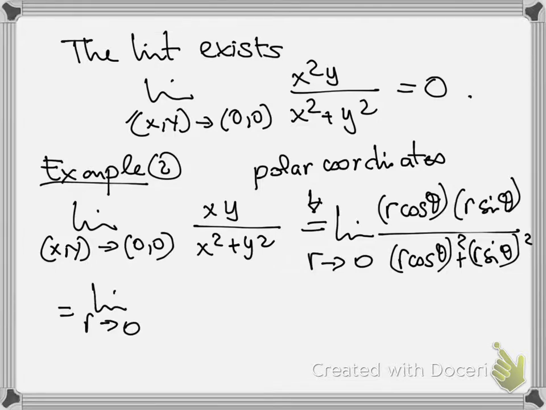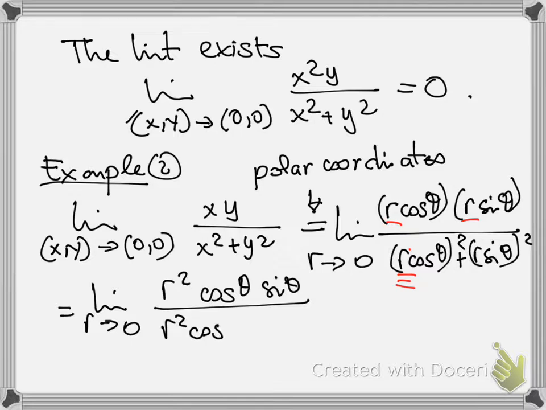So r times r will be r squared. So it's going to be r squared cosine theta sine theta, and in the bottom again you factor out the r squared.